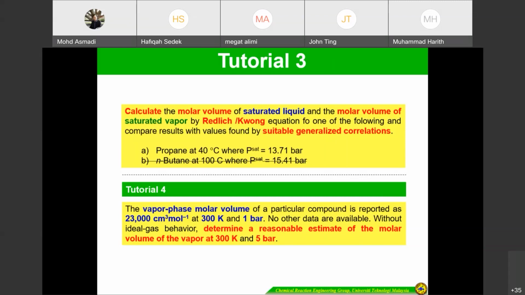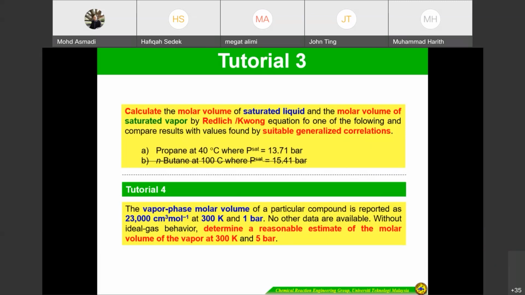Anyone give me the answer? Liquid 10.47. Right? Are you sure? 10.47. What did I get?